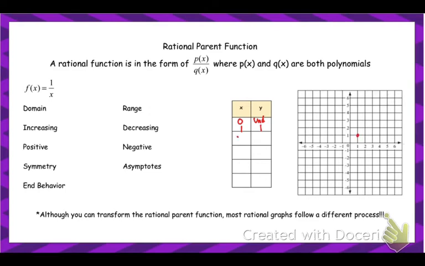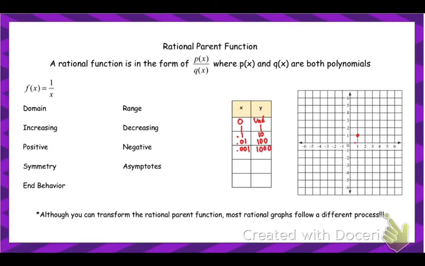Let's do 0.1. 1 divided by 0.1, that's like 1 divided by 1/10. That gives me 10. All right, well, let's get closer to 0. Let's do 0.01, 1/100th. 1 divided by 1 over 100 is 100. Let's do 0.001. That would be 1 over 1,000, which is 1,000.